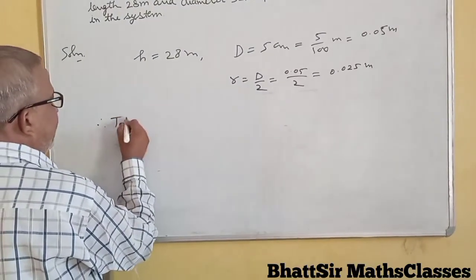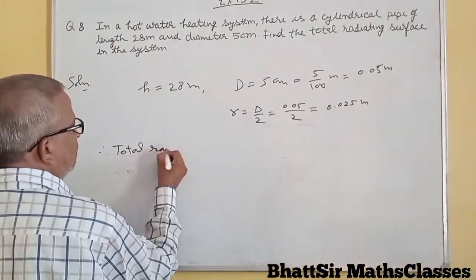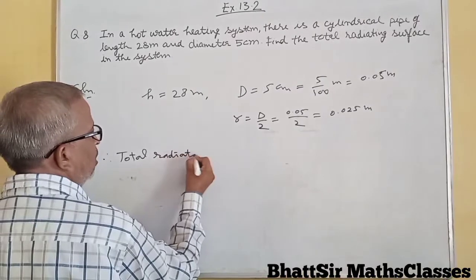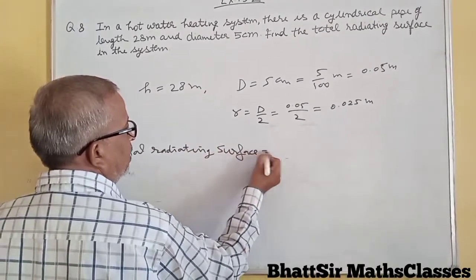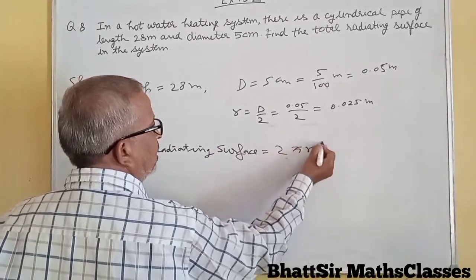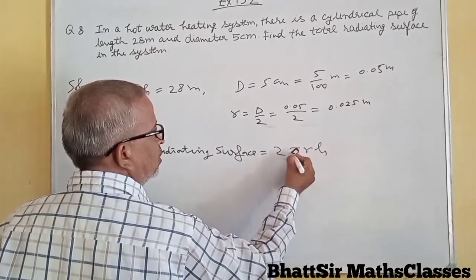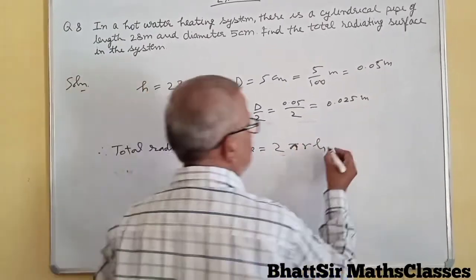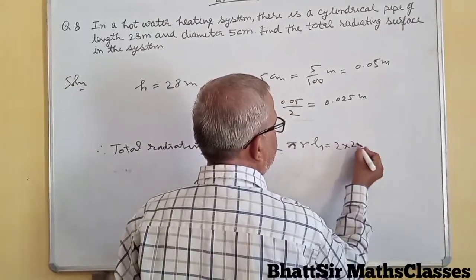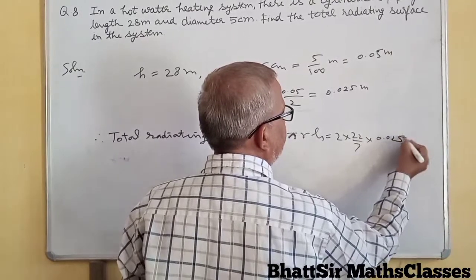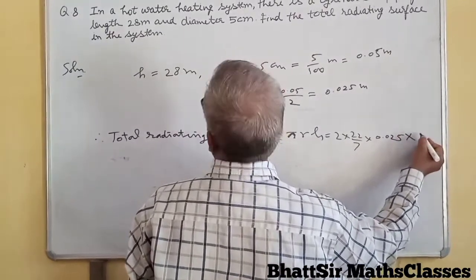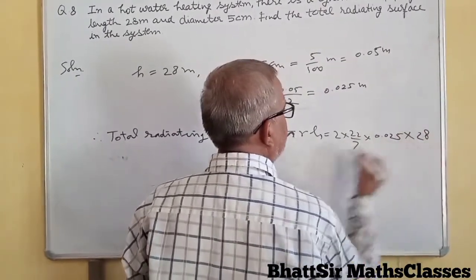Therefore total radiating surface equal to 2 pi RH. It means 2 into 22 upon 7 into 0.025 into H 28.